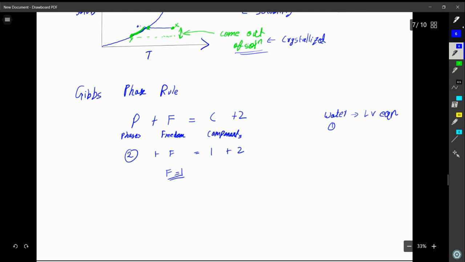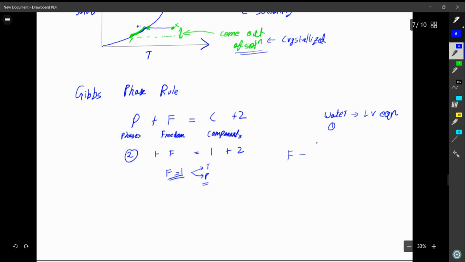Given that liquid and vapor are in equilibrium, there's only 1 degree of freedom, which means you can set either the temperature or the pressure.